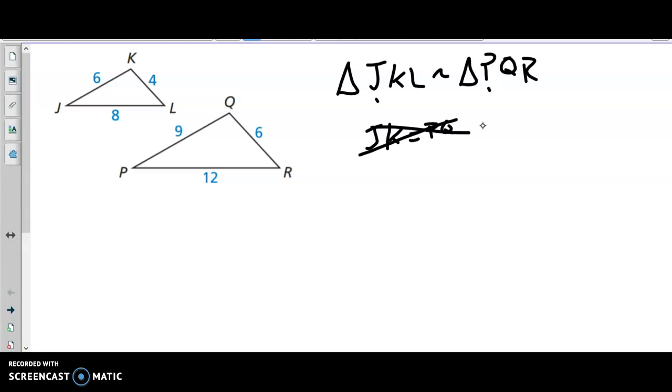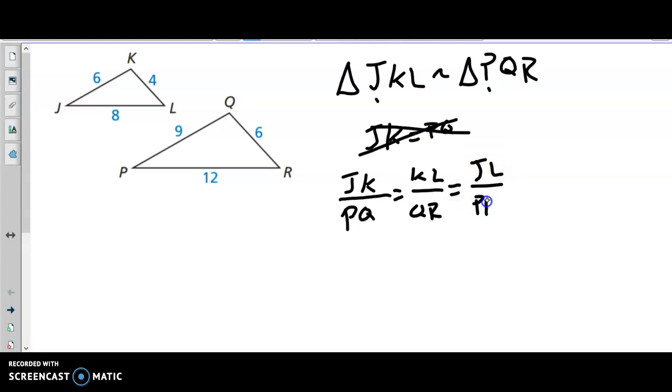We're looking at a proportion. So I'm going to look at the corresponding parts and make a ratio. JK corresponding to PQ, so 6 divided by 9 should equal KL divided by QR, and that should equal JL divided by PR.